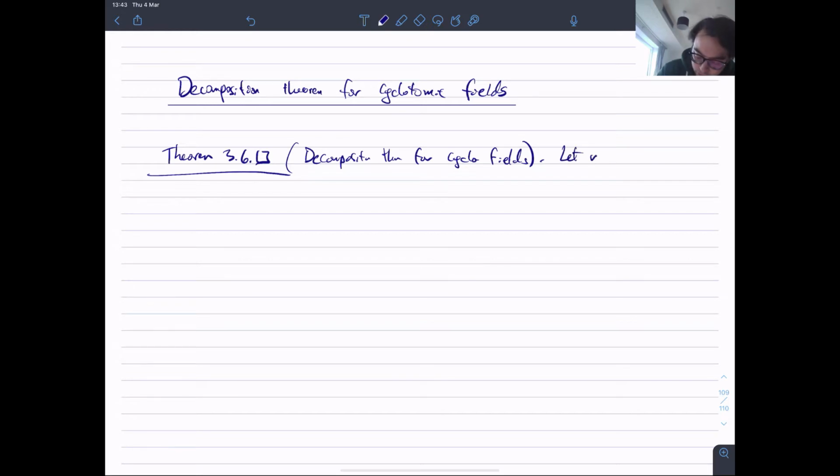I'm going to let n be an integer, and ζ_n, when I write ζ_n, I always mean a primitive nth root of unity.